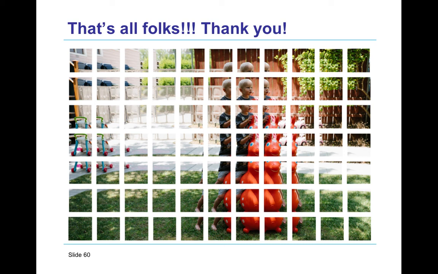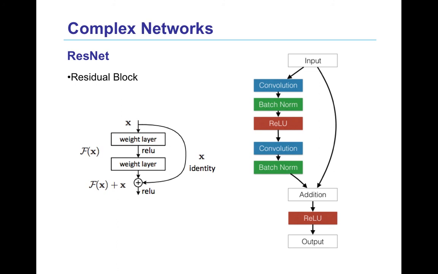Can you go back a few slides? Sure. On the left side, where they identify two steps after the weight layer, what are the other things exactly? Those two represent the same thing. This weight layer is actually the convolution and the batch norm.